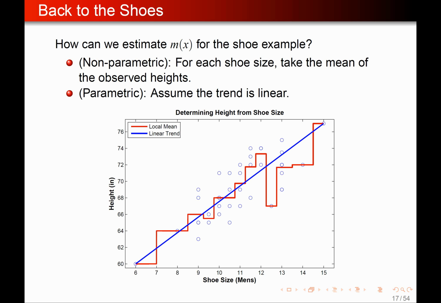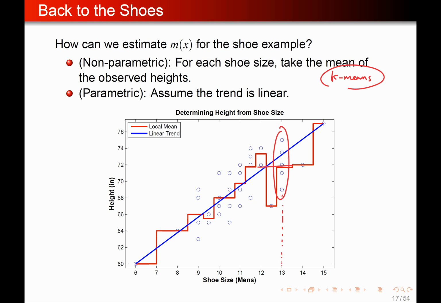The non-parametric approach is, for example, for shoe size 13, we have this bunch of dots, and then we take the average of them, and we get the mean of observed height. This is non-parametric, and we often call it k-means. Okay, k-means approach, non-parametric approach.